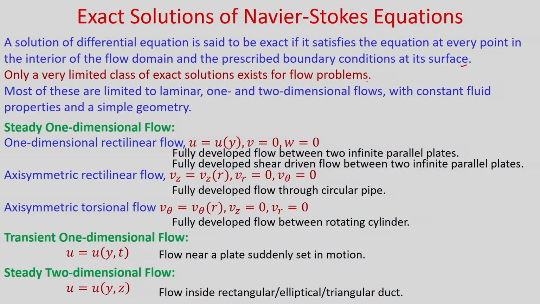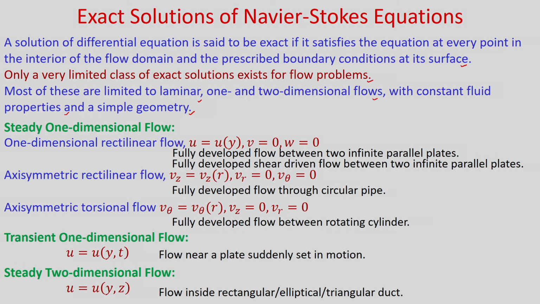As we told, only a very limited class of exact solutions exist for flow problems, and most of these are limited to laminar 1 and 2 dimensional flows with constant properties and a simple geometry. So, we can have the analytical solution for steady 1 dimensional flow, that is, 1 dimensional rectilinear flow.